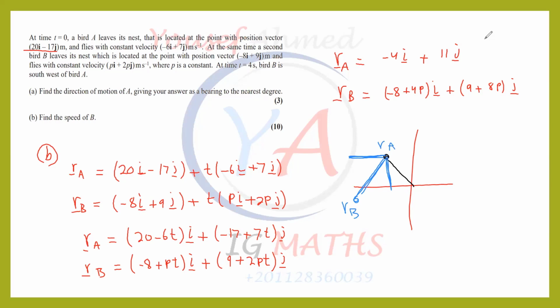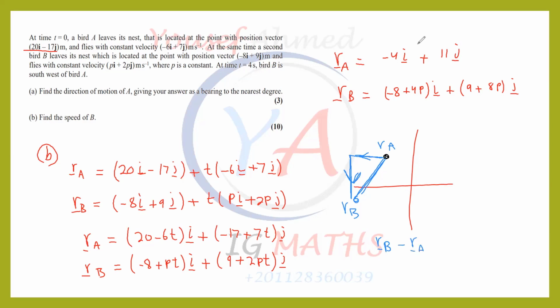So we need to get the vector RB minus RA, or if you want to go from RA to RB, you will move a distance horizontally and a distance vertically, which is equal. So you first get the difference between the two vectors, RA and RB. So I will subtract these together. So it will be RB minus RA.